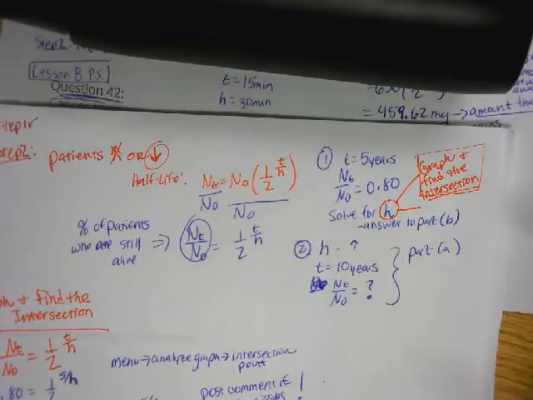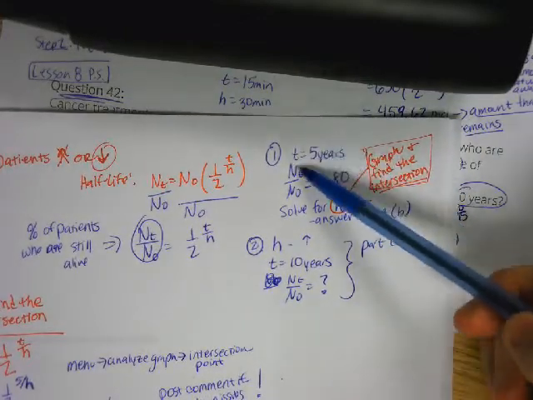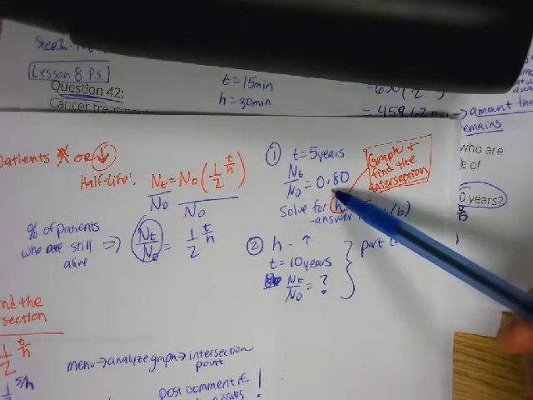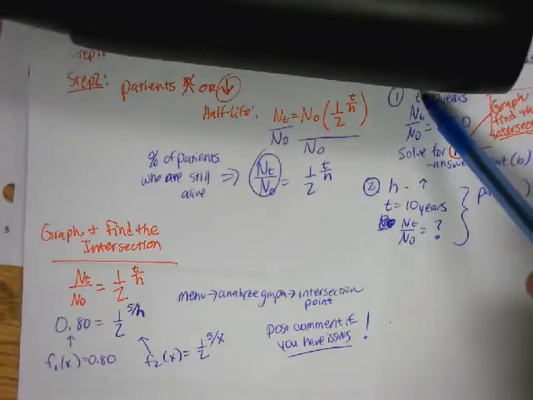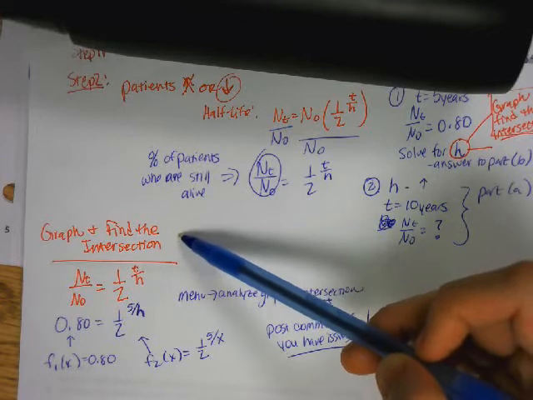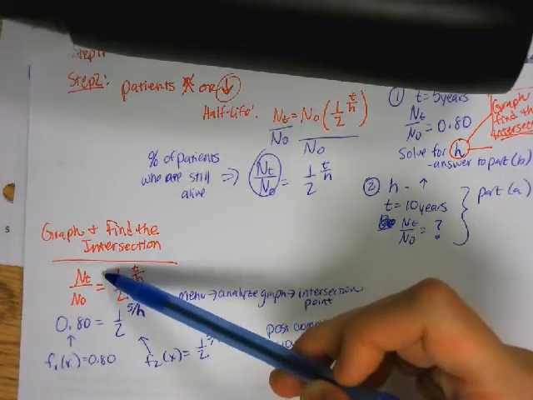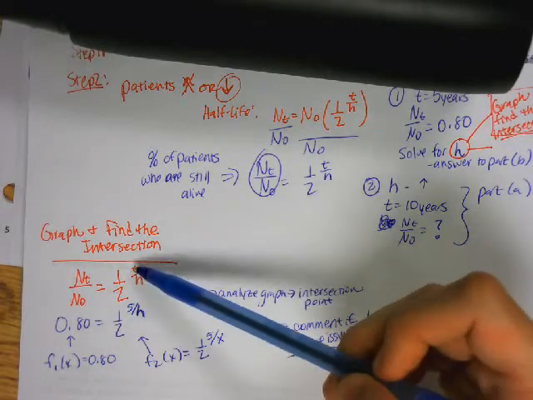Alright, so just to recap, your first step is solving for H, using T equals 5 years and NT over N0 equals 0.80. In order to solve for H, you have to do a couple things. You have to graph and find the intersection point. So this is the formula. NT over N0 is 0.80.